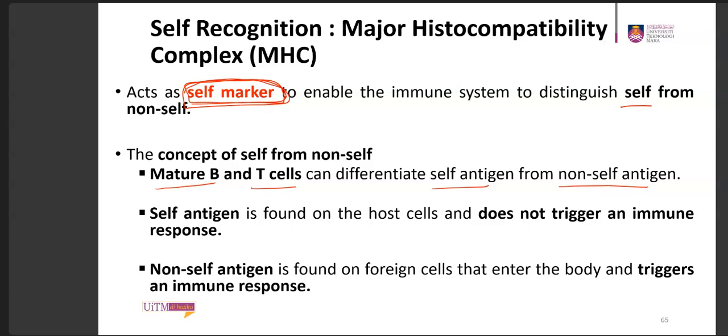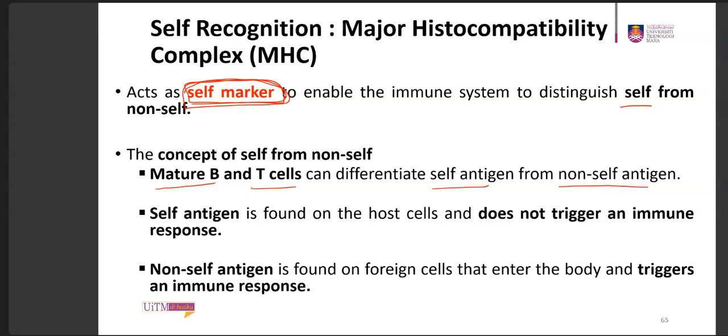So self-antigen is found on host cell and does not trigger an immune response. Okay, so it means that the B cell and T cell will not react to the self-antigen. If your immune cell react to the self-antigen, it can cause a disease. We call it as autoimmune disease.